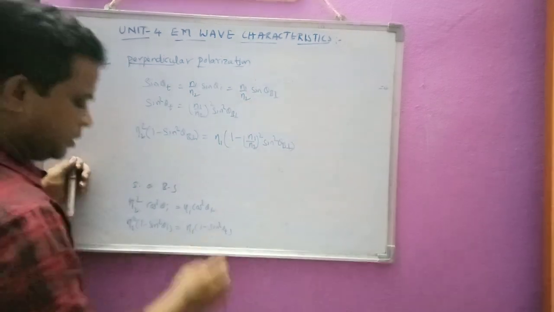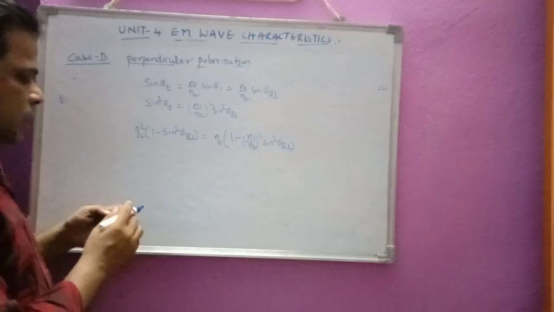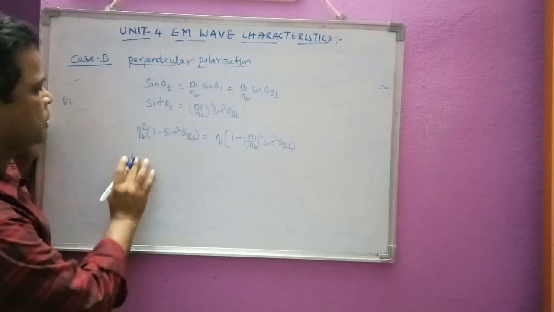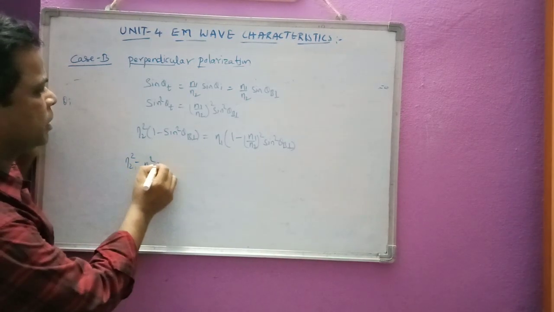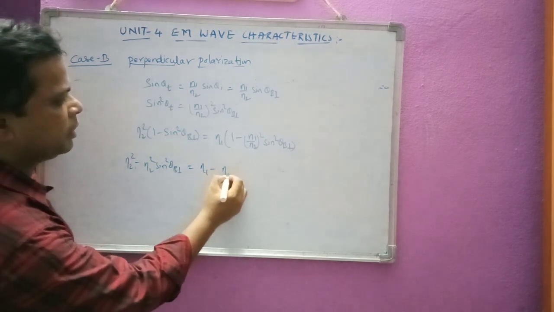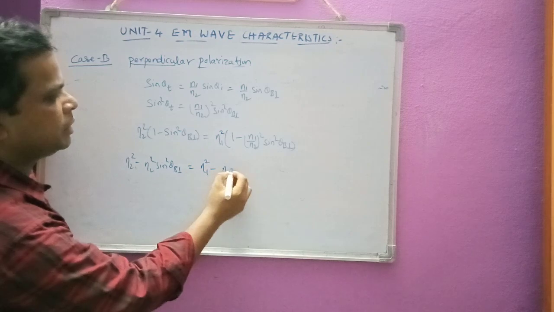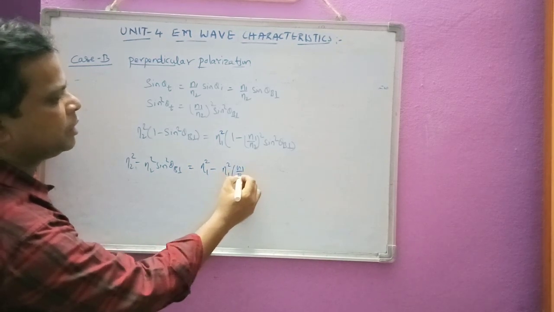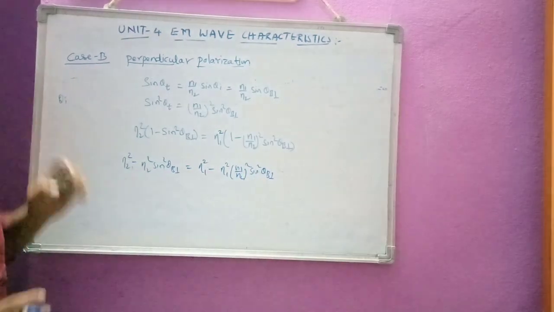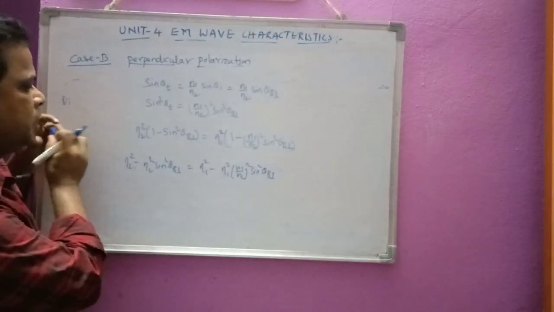Now for this equation, I will multiply out: eta 2 square minus eta 2 square sin square theta B perpendicular is equal to eta 1 square minus eta 1 square into n1 by n2 whole square into sin square theta B perpendicular. Now I will take this to the left hand side and calculate what happens.